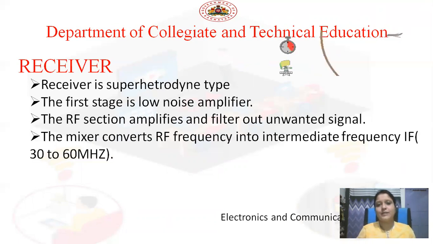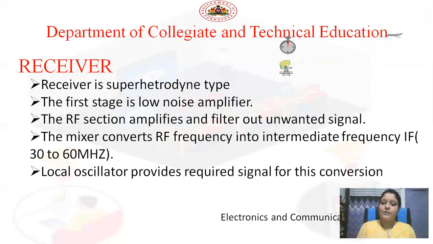The mixer converts the RF frequency into an intermediate frequency, usually in the range of 30 to 60 megahertz. Now the local oscillator provides the required signal for this conversion.